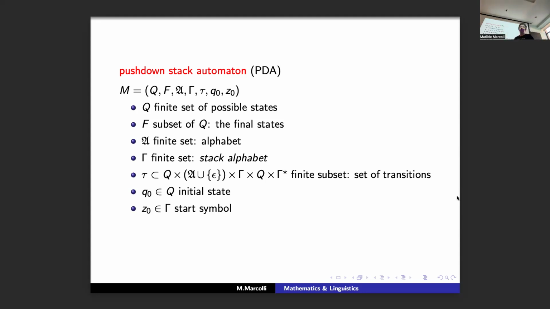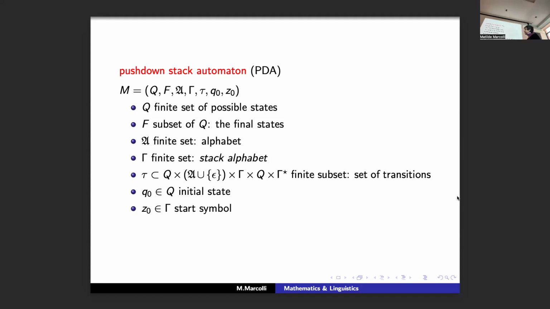You have a finite set of possible states of your automaton, some of them marked as final states, and a finite alphabet, which you can think of as instructions that you read on the tape that tell you how you move around this graph. But now you also have another alphabet, gamma, the stack alphabet, which is what you can keep as memory. So now it's no longer a memory-less process, but you can store something in memory.